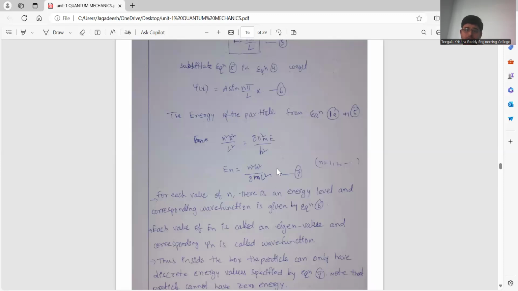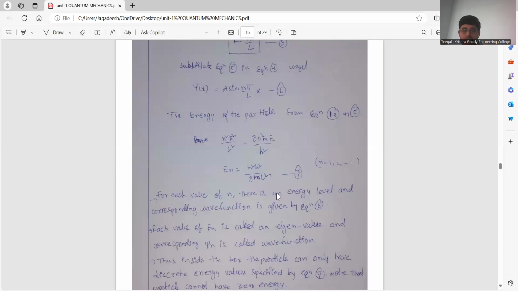The energy value at n equal to 2 is 4h²/8mL². Suppose we substitute n equal to 3, that is 3 whole squared, n equal to 9h²/8mL².